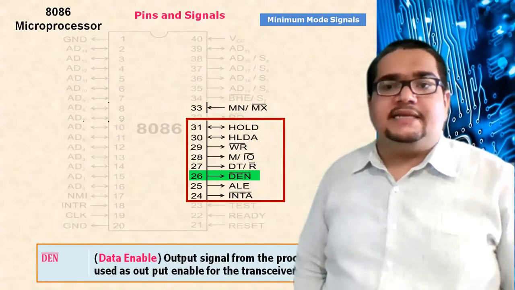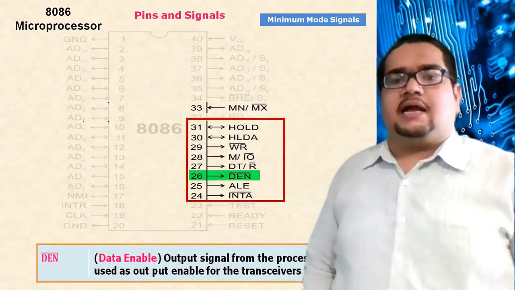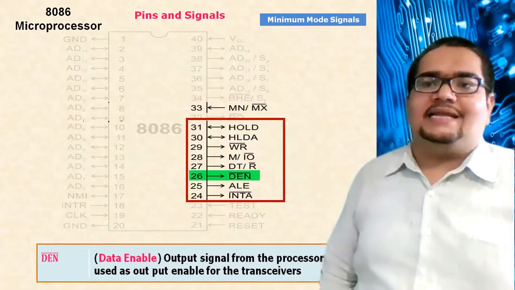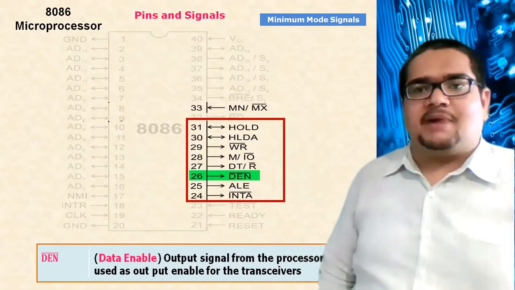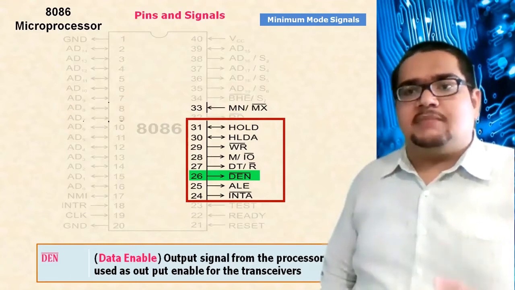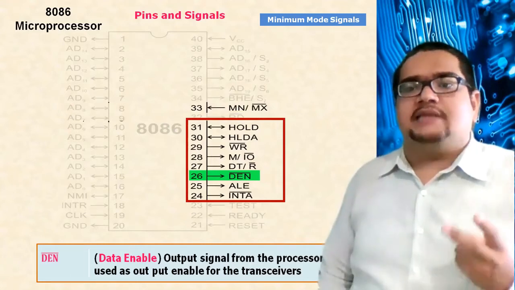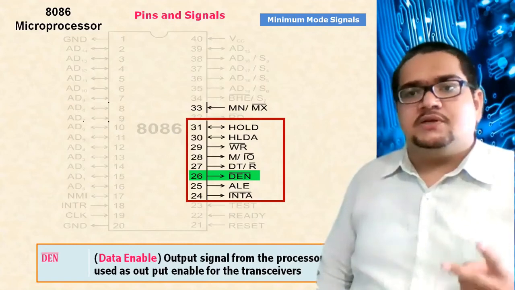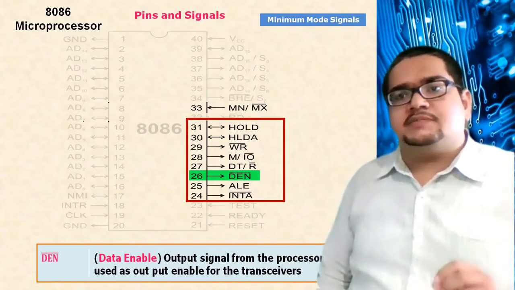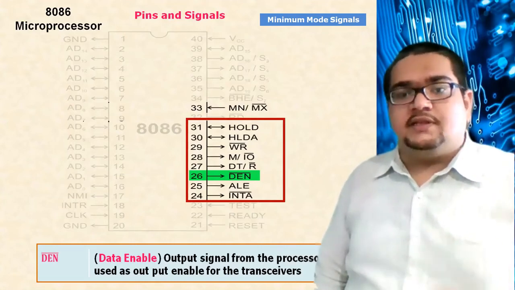Next is DEN bar, data enable. Now, earlier we talked about the AD lines. AD lines are bidirectional and they are also time multiplexed between two actions. Either they become the address bus, A0 to A15, or they become the data bus, D0 to D15.